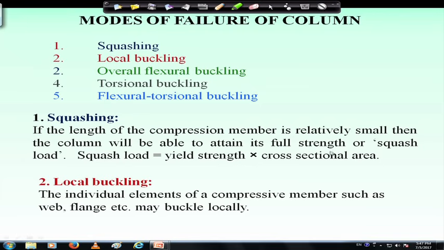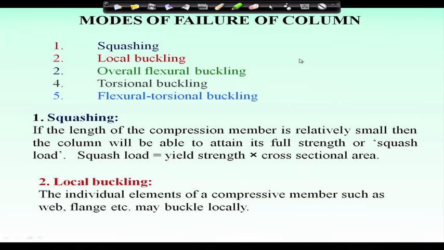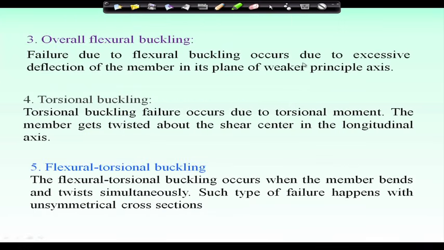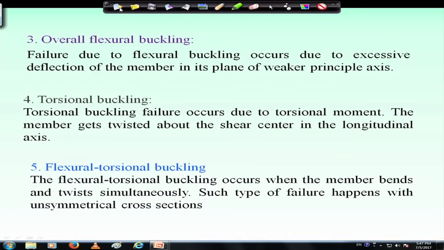Then another type of failure is overall flexural buckling. When the member length along its axis is quite high compared to its cross sectional dimension, this type of buckling occurs, which is called flexural buckling.